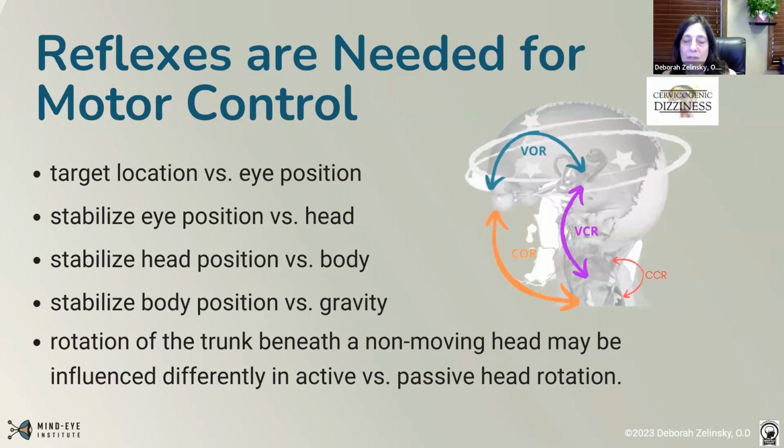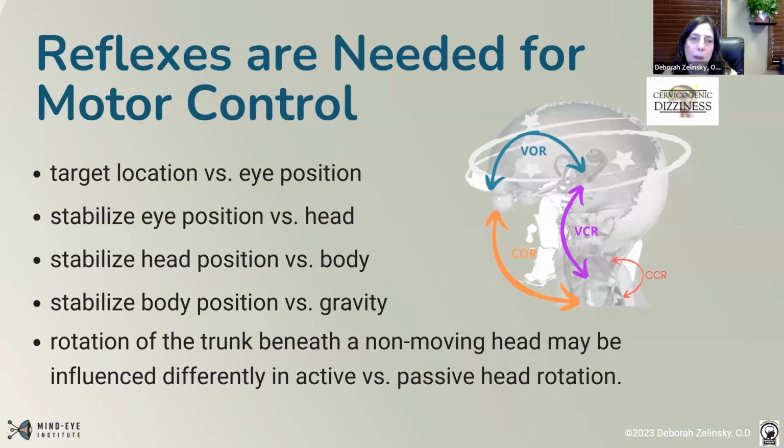Then you have your head position with respect to the body and with respect to gravity. And then your head movement can be active or passive when you're rotating your head. And there are different reflexes that govern all of those. So if any of these are disrupted during a stroke, those are at the unconscious level. They have to be rehearsed.